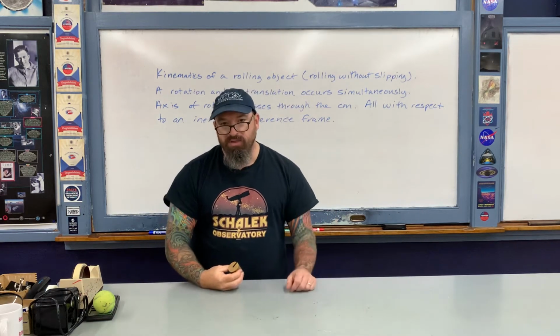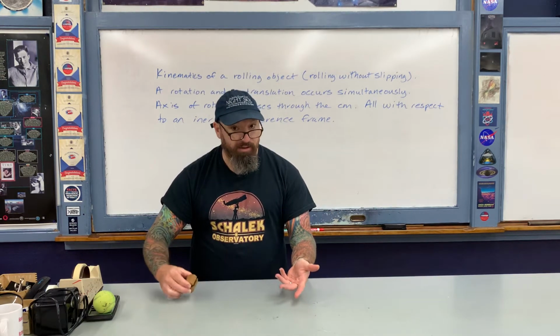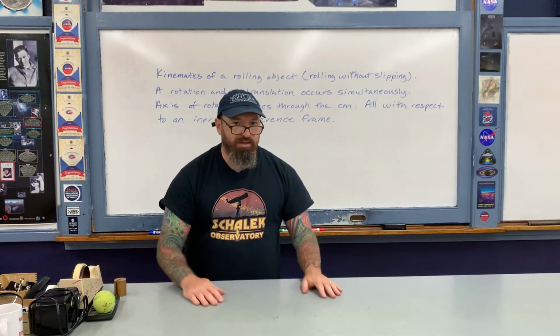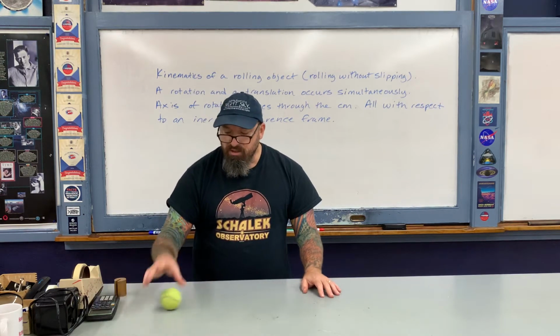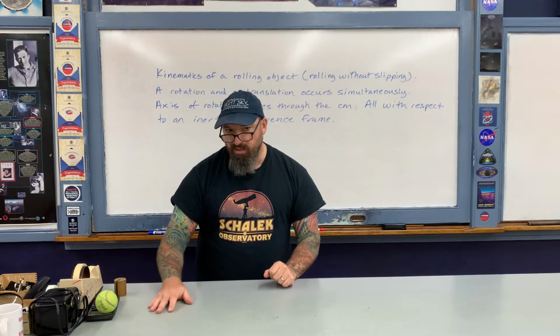Therefore, the axis of rotation does not pass through the center of mass. When that happens, the situation is much more complicated. For example, say like so. Like that. Mathematically describing that motion is well beyond the scope of this course, so we're only going to consider what happens when the axis of rotation passes through the center of mass.